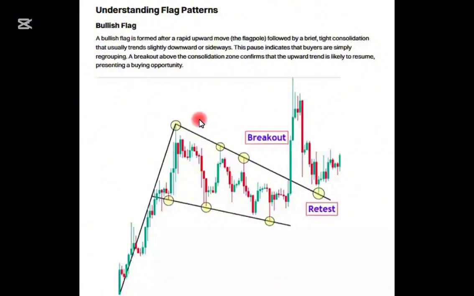Okay, always pay attention to it, and as you can see, here is the breakout. This is the breakout, so you're looking out for your buy entries here. All right, so as you can see, the flag is a very valid bullish flag.